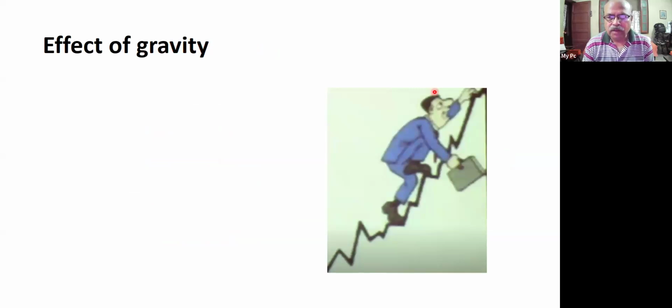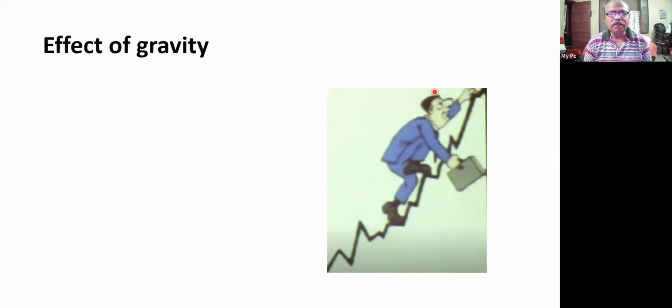Now, what is the effect of the gravity? As someone is climbing up, he has to expend energy, and so does the blood, which is moving because of the heart pumping action.